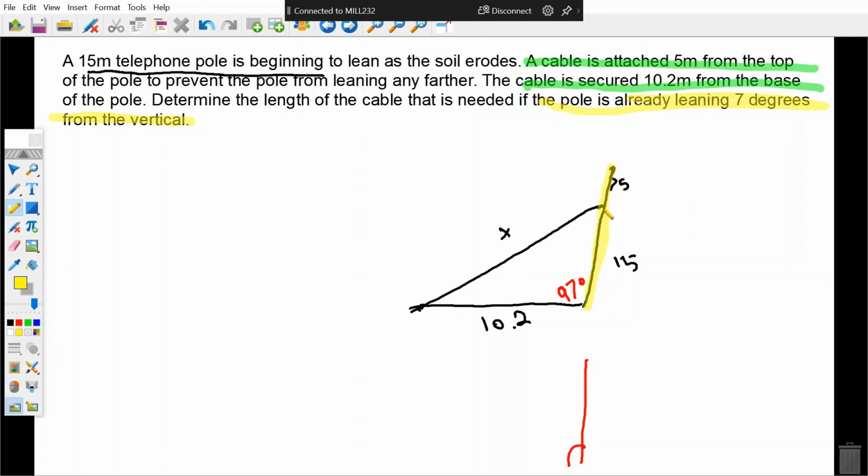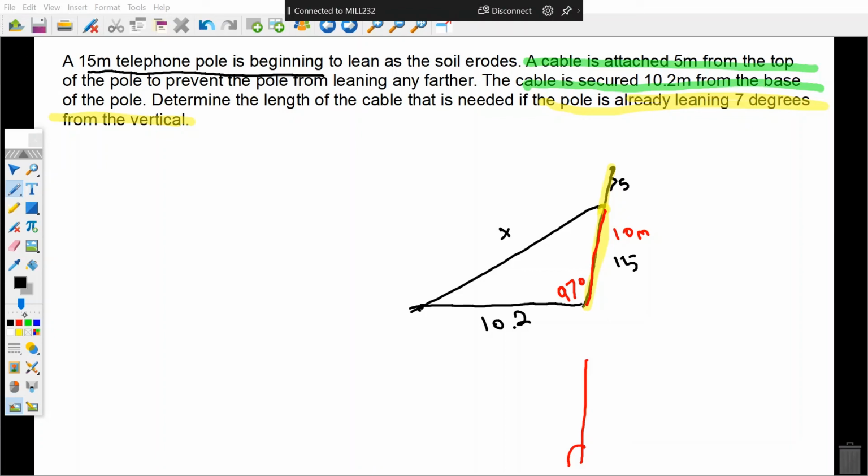Because this cable is attached right here, 5 meters from the top of the pole. So the actual distance that we need for our triangle is 10 meters. The 15 is the length of the entire pole. That doesn't really matter to us. We only need the 10 meters that is a part of our triangle.